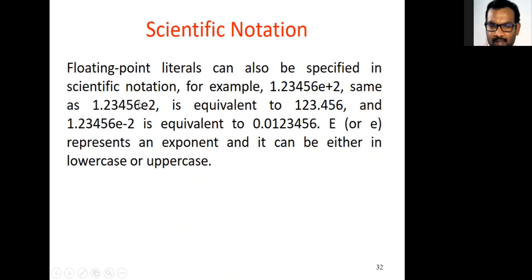E power 2 means 10 to the power of 2. So 1.23456 times 10 to the power of 2 is 123.456. With e power minus 2, it is equivalent to dividing by 100, so 0.123456. Exponential values are represented with either a capital E or a small e.